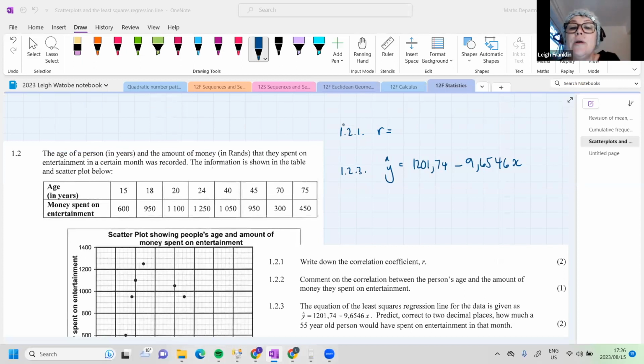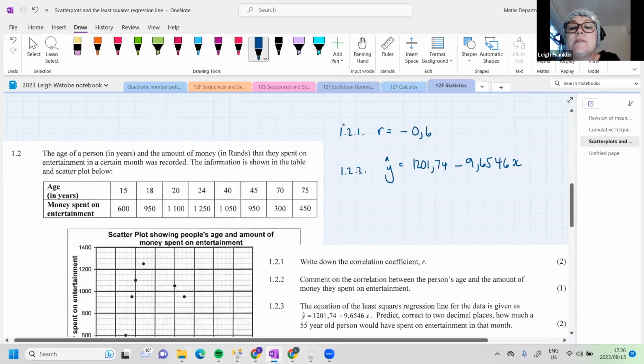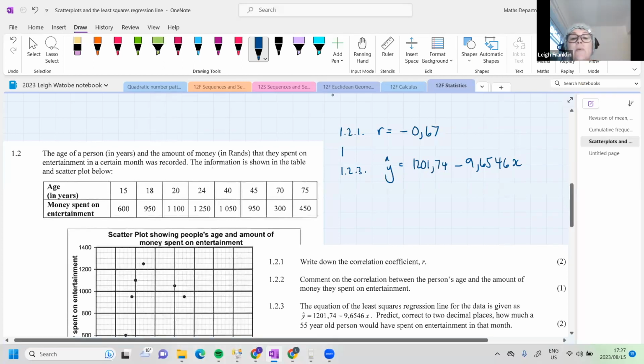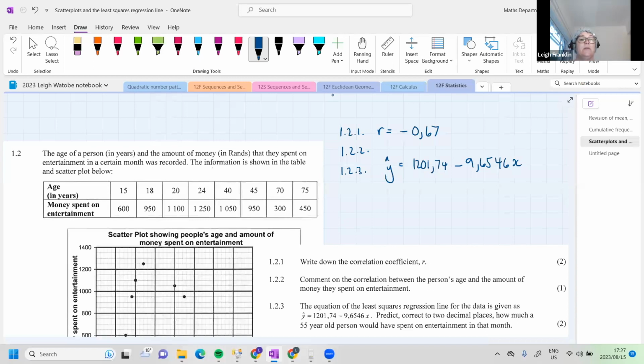Okay, so negative 0.67. Okay, so what does this tell us about the data straight away? Good, well done. What does this tell us about the data? I mean, they're asking us that in 1.2.2 anyway. What does a correlation of negative 0.67 tell us about the data?